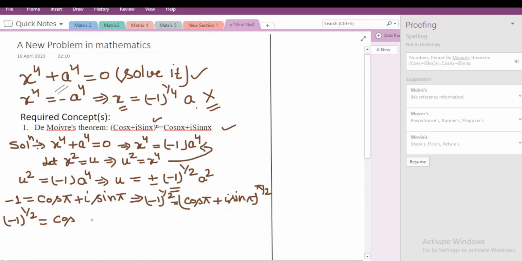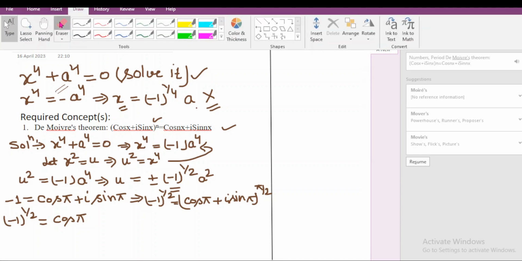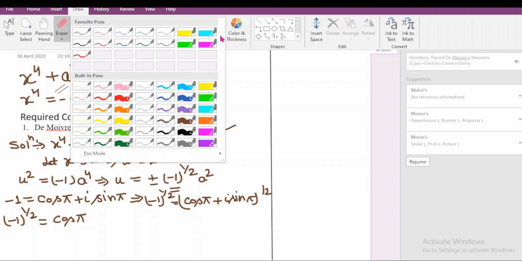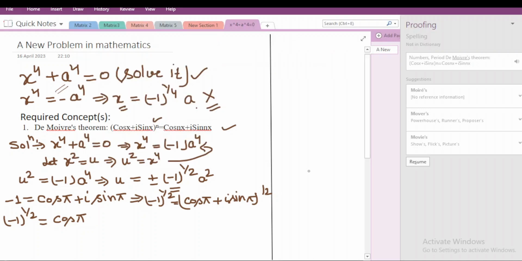So by using that concept, we will have, oh this is 1 by 2, so let me correct it. This is 1 by 2, cos pi by 2 plus i sin pi by 2. Here the value of cos pi by 2 is 0, and the value of sin pi by 2 is 1. So we have i.